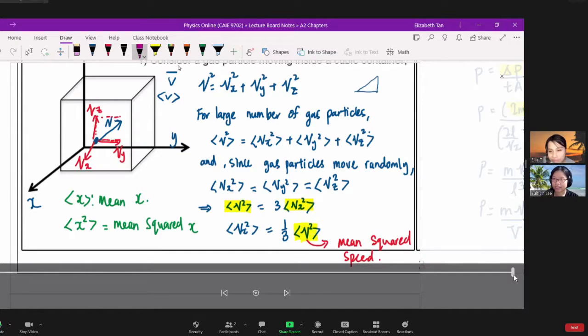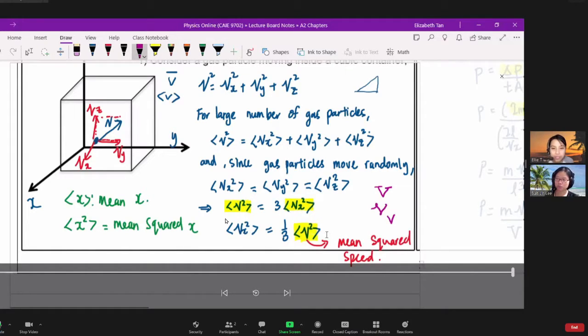If I accidentally cancel them, I will go back and cry in physics, stand in the corner and start crying. So make sure that when you write these 2 things, they don't look the same. I write it this way, you decide how you want to write. So that would be the mean square speed.